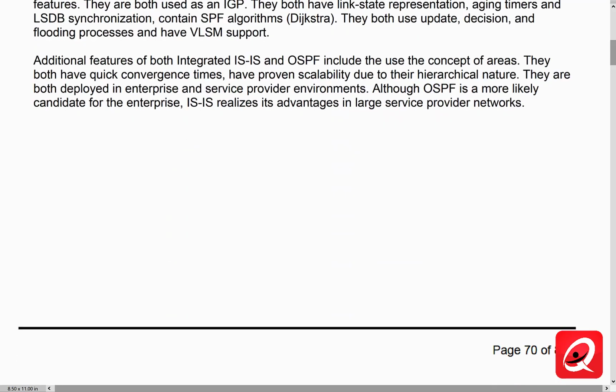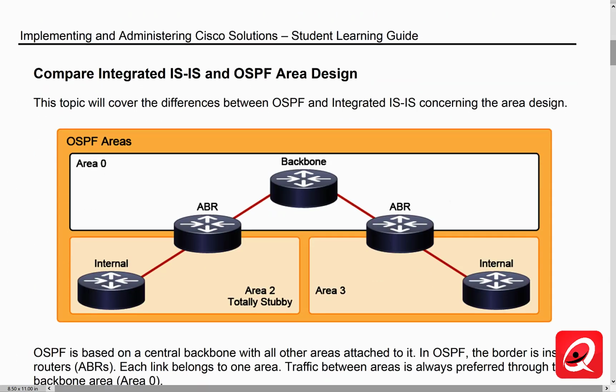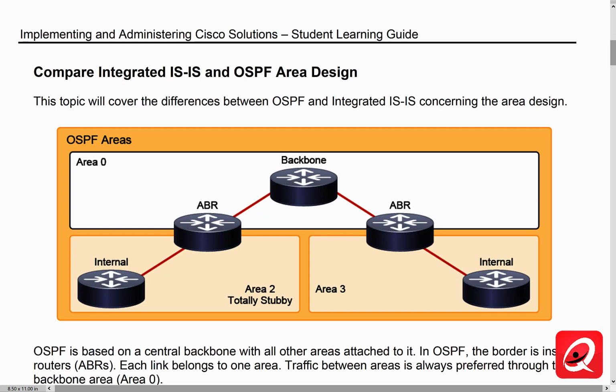So let's take a look at the area design. What are some of the options for area design? And how do we compare this to OSPF? OSPF, as we've talked about many times, uses a contiguous centralized backbone, and all of the other non-backbone areas are going to attach to that backbone.